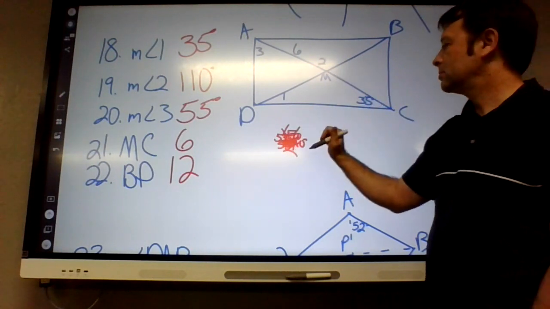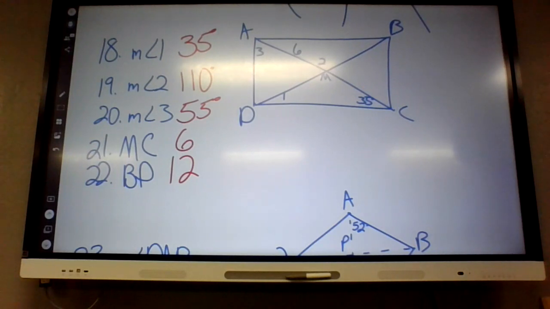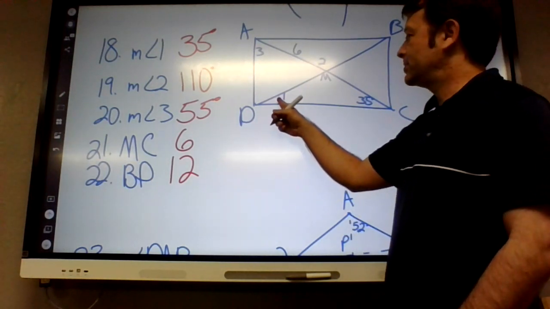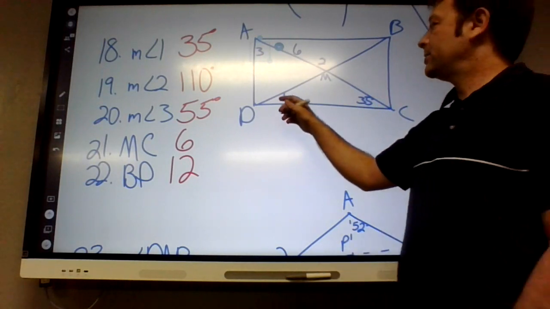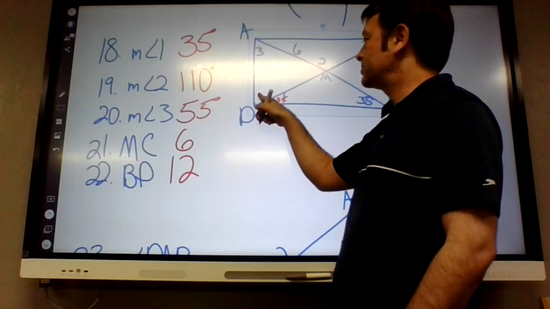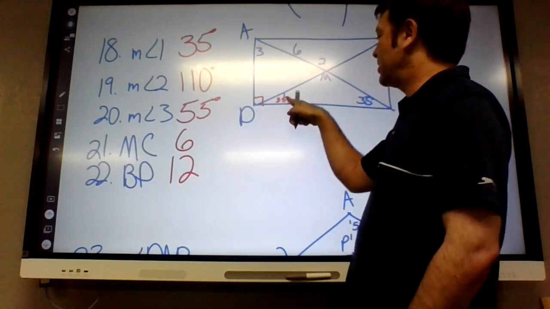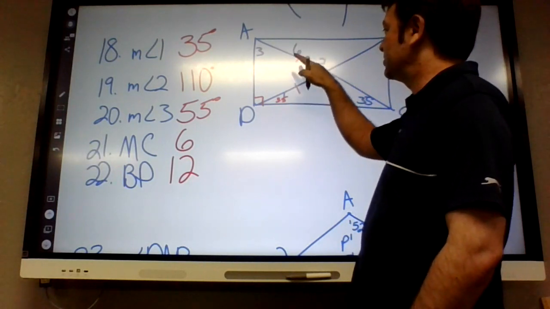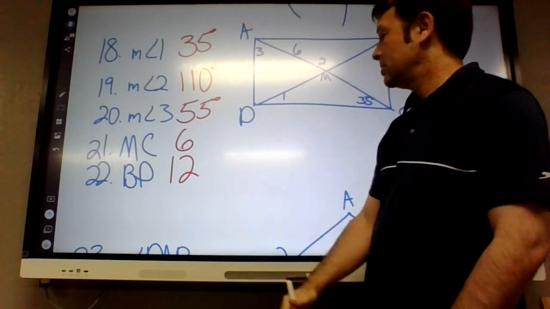For three, we did 90 minus 35, right? 90 minus this would equal that. Yeah, 90 minus 35. Equals this. And then the one across from it is the same. It's an isosceles triangle again. So yeah, they're the same.